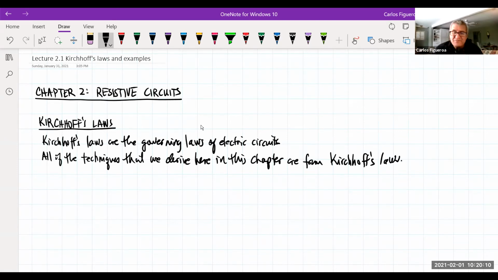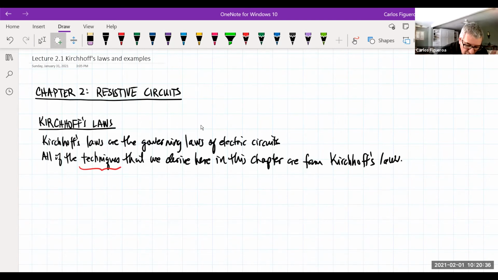And I know that in Physics 4B, you probably used Kirchhoff's laws to analyze maybe a 2-loop circuit or something like this. Those techniques that you used in 4B are horrendous, really horrible. What you're going to find here is that the techniques we're going to develop are way more powerful.